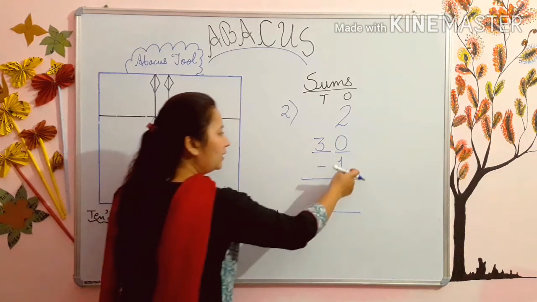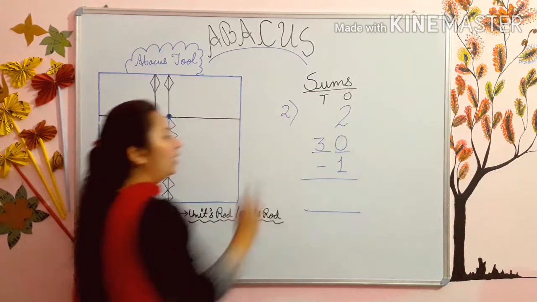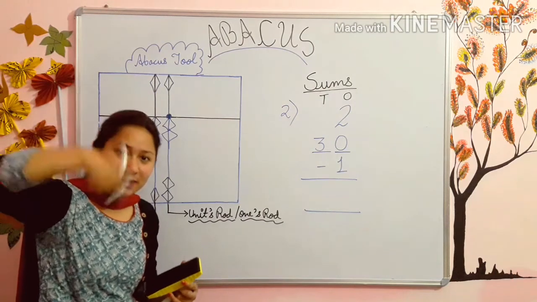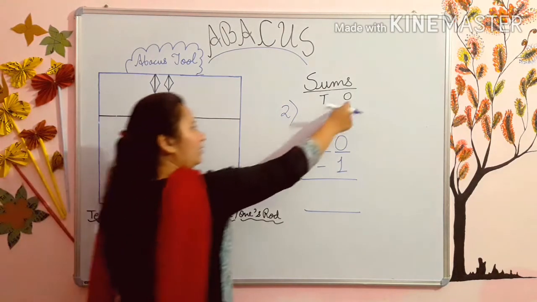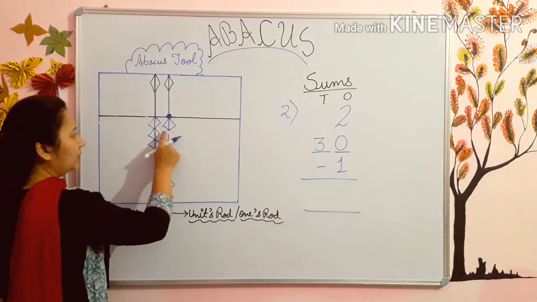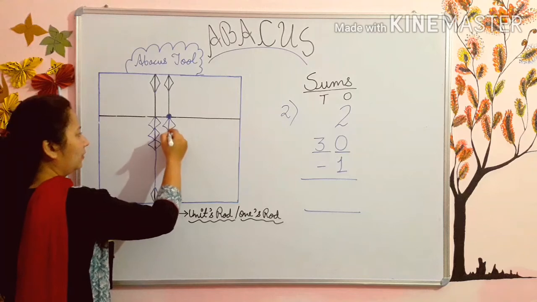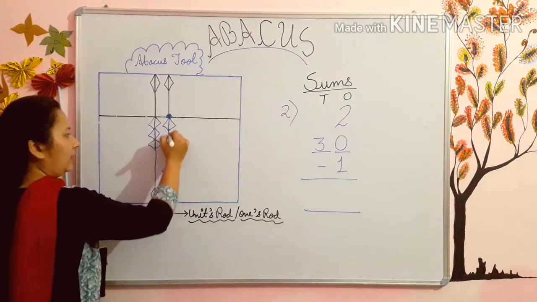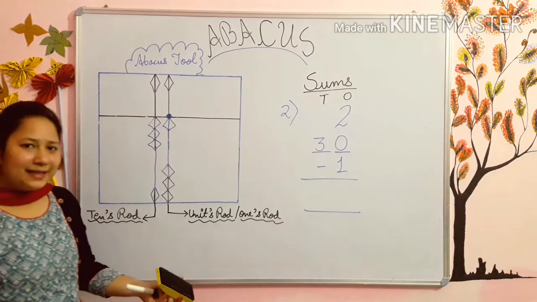Now you can see 1 is in ones rod. And it is minus. So minus means put the bead down. And in ones rod, put the 1 bead down. And the question is complete.